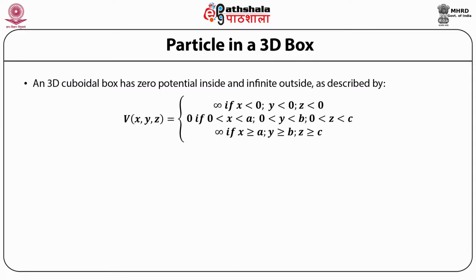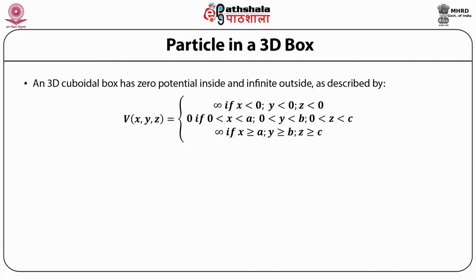So now substituting this solution in the Schrodinger equation and rearranging the terms in the box region where V is equal to 0, we get the equation only for psi x, psi y and psi z, and using the variable separable method we can transform this equation into 3 equations, each consisting of one variable only.